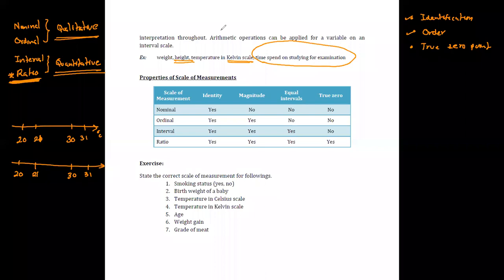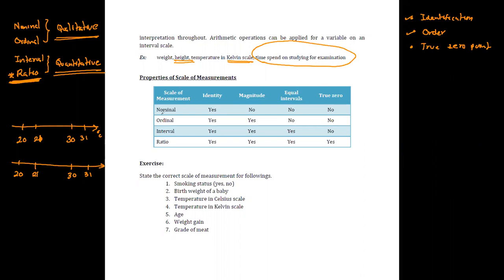So far, we have discussed all these properties for the nominal scale, ordinal scale, interval scale, and ratio scale of measurements. Therefore, if we summarize all these properties, we can obtain a table in the following way. In the first column, I have defined these four columns as identification, magnitude, which means order, equal intervals, which means the same interpretation throughout equal intervals, and the existence of a true 0 point.